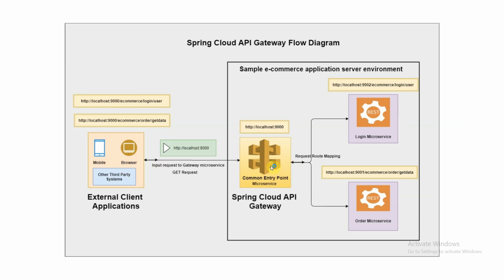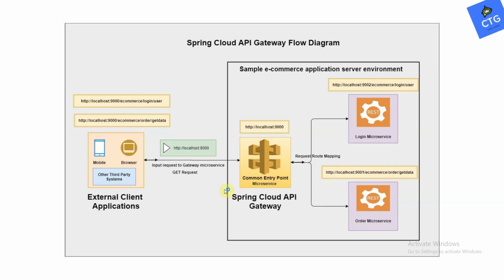Then we can convert the protocols and navigate the request to each and every microservice. That is one of the advantages. Also, in API gateway there are filter concepts, pre-filter and post-filter logic, which we will discuss in the next video. These are the advantages of Spring Cloud API gateway.